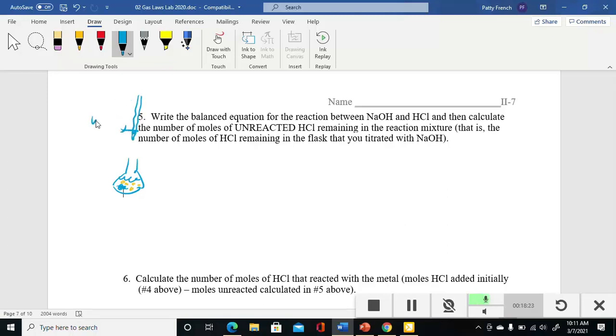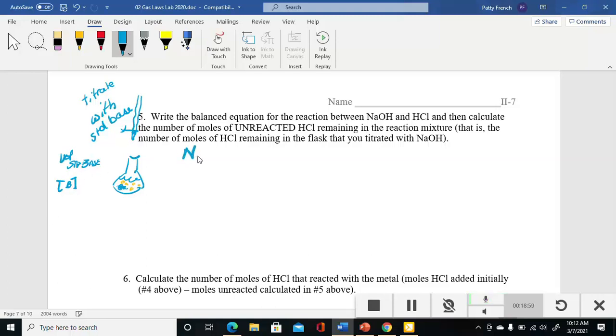You titrated with standardized base until you reached the end point. And at that point, you knew the volume of the standardized base and the concentration of that base.